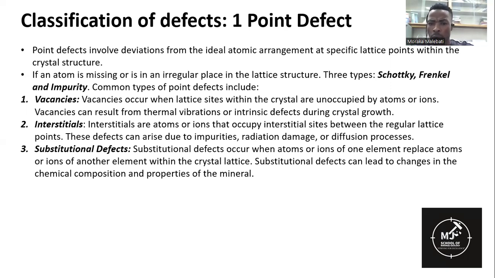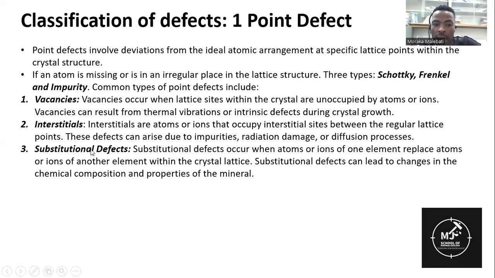We're going to talk about these intrinsic defects shortly. So we can have spaces which are unoccupied by the atoms or the ions. But interstitial defects are atoms or ions that occupy interstitial sites between the regular lattice points. These defects can arise due to impurities, radiation damage, or diffusion processes.